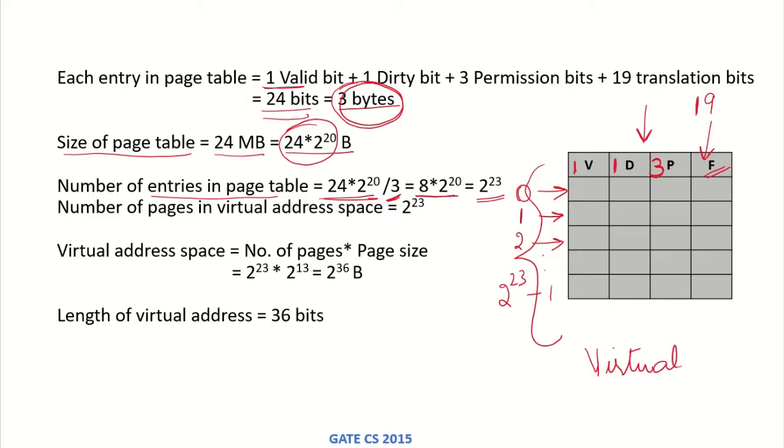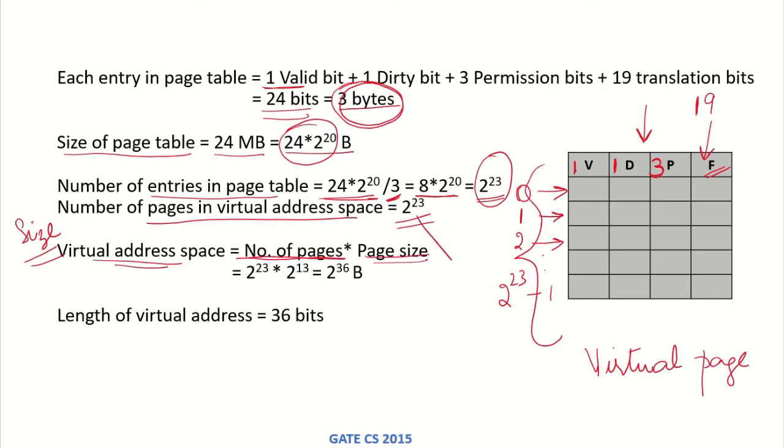That means there are 2 to the power of 23 pages in the virtual address space. Now we are computing the size of the virtual address space. This is the number of pages times the size of one page. We have just seen that the number of virtual pages is 2 to the power of 23, and it's given that the page size is 2 to the power of 13.